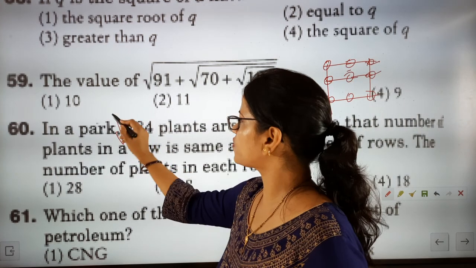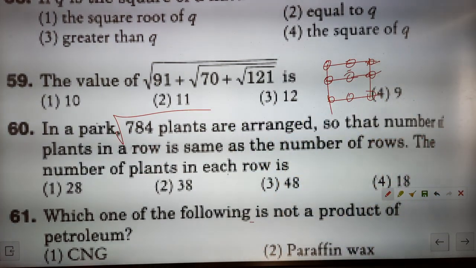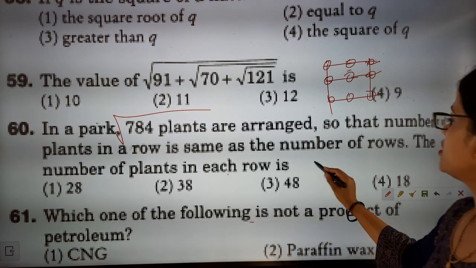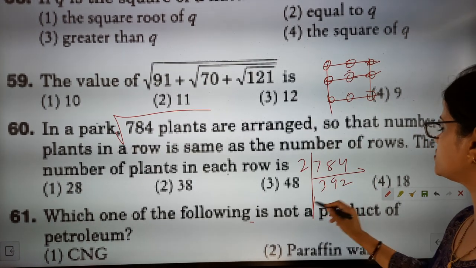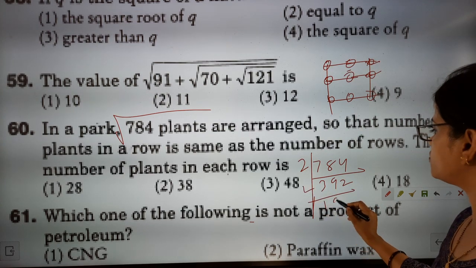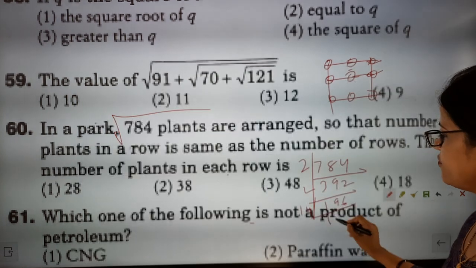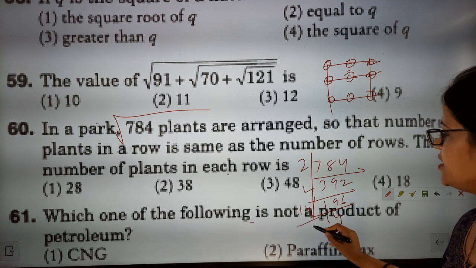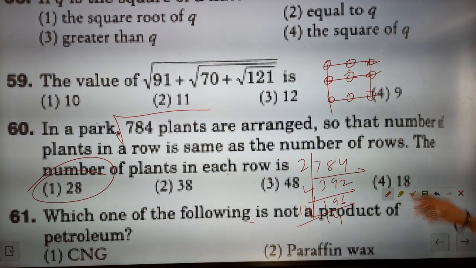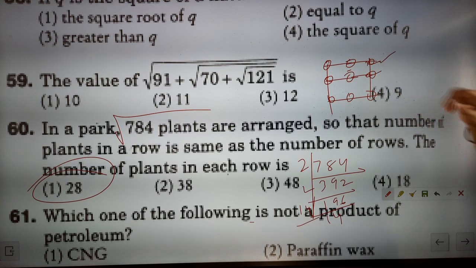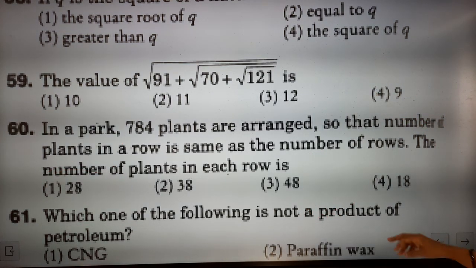You just take the square root of 784. Let's check whether this answer comes out correct or not. 784 square root means 2, 2 3 is 6, 2 9 is 18, 2 2 is 4, then 2 1 is 2, 2 9 is 18, 2 6 is 12. Then 14, 14. So 14 into 2, 28. So 28, square root concept only. That means the number of rows and number of plants are the same. This is what the question was asking about.